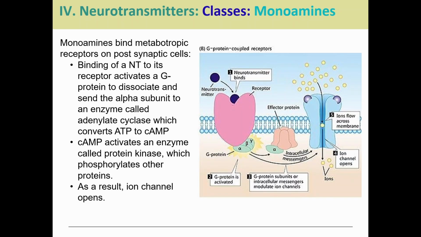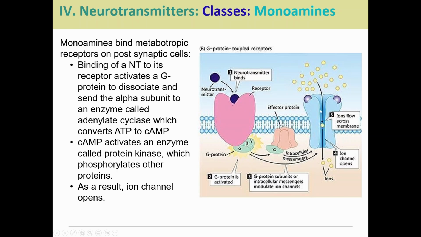Now their job, right, this group, they're going to bind to metabotropic receptors in a postsynaptic cell. When they bind, they're going to activate G protein coupled receptors. So they're going to bind to a G protein coupled receptor. Which means they're going to go through all the same steps to activate an ion channel.